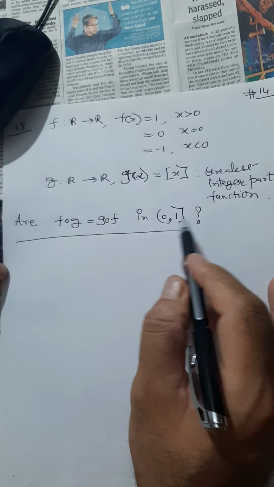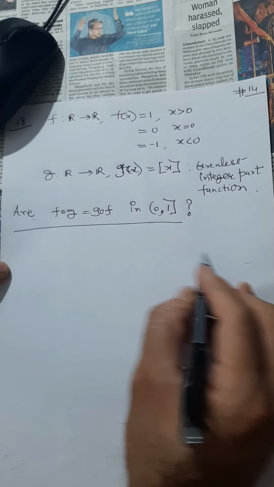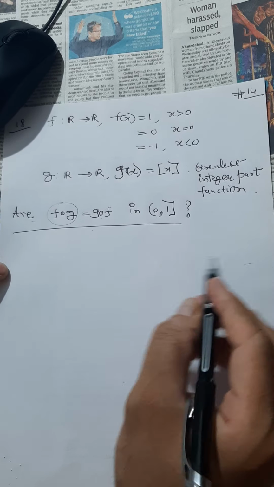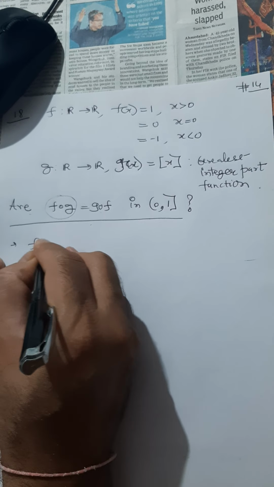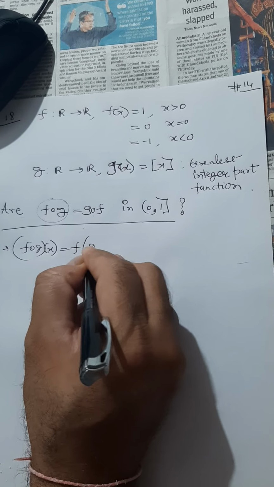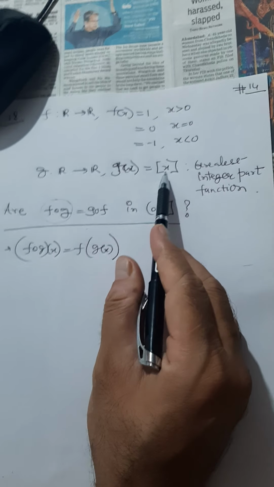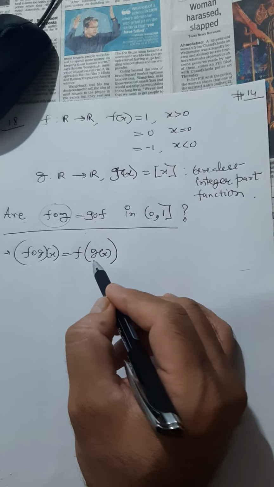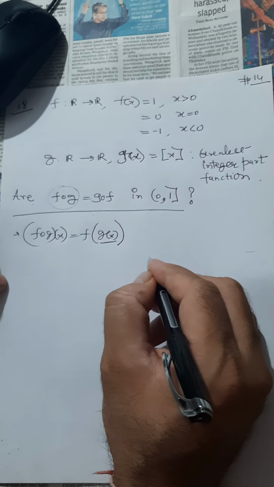So we find the composition, open 0 to closed 1, and we'll try to see this. So I'll try to find f of g first. So here f of g at x equals to f of gx. Now g is box function.